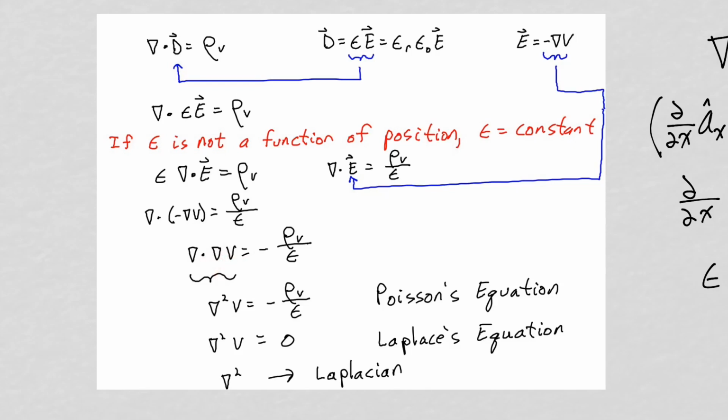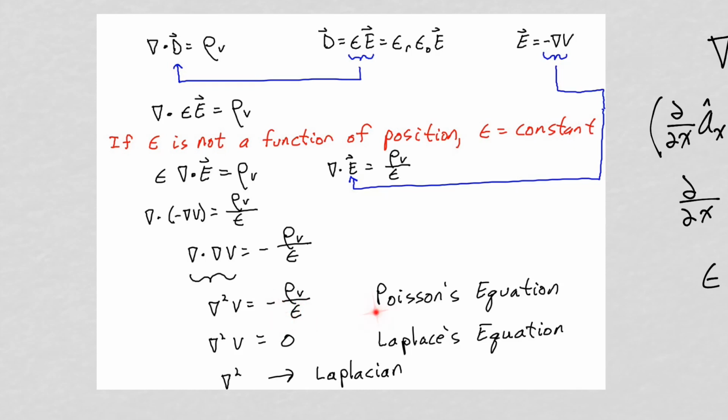So this equation right here, that the Laplacian of the electric potential is equal to minus the volume charge density over the absolute permittivity, is referred to as Poisson's equation.